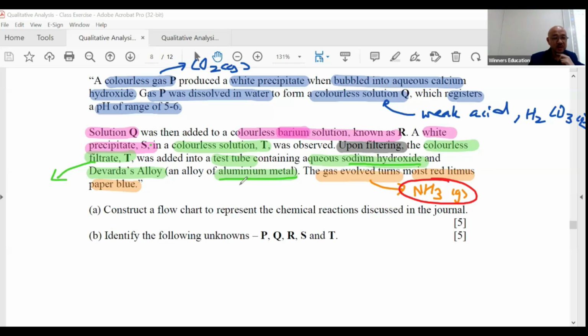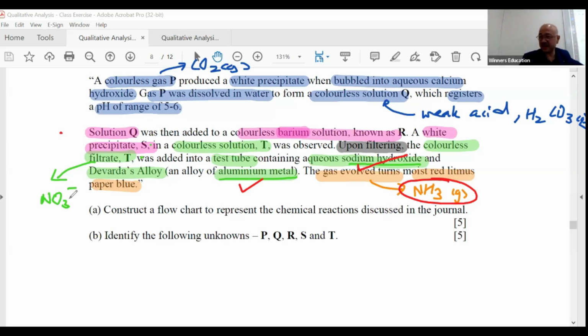When along the way you put aluminum metal and add sodium hydroxide. Where did we see it? Test for which anion? Nitrate. Thank you, Sean. This is NO3-. So we almost solved it. The only thing I haven't solved is the S and the R. So we're going to draw a flowchart out, then we solve it.